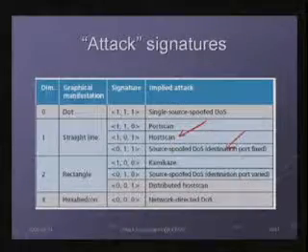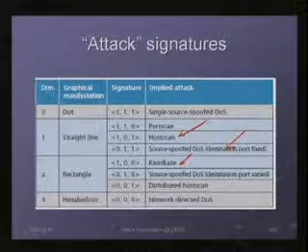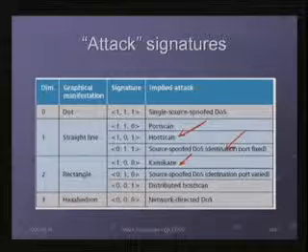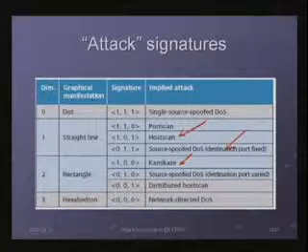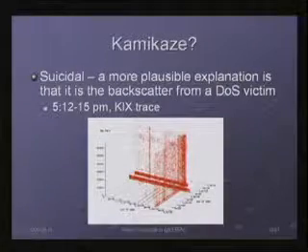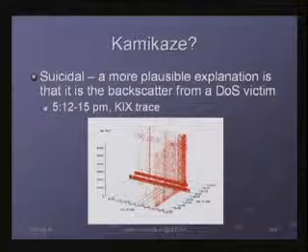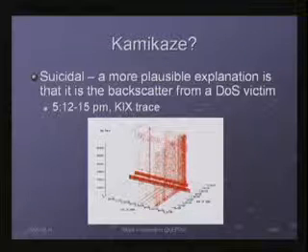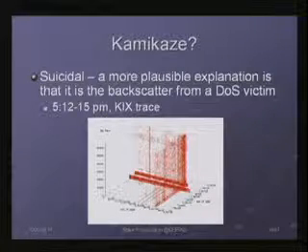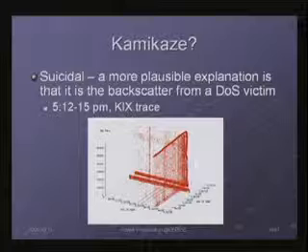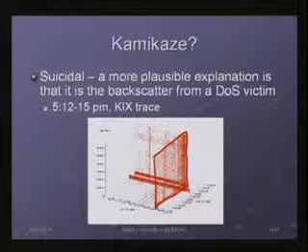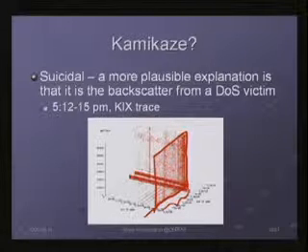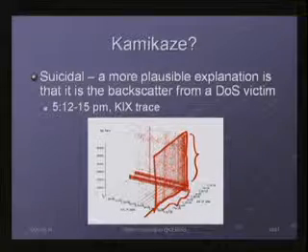One of the attack signatures that is interesting here is what we call Kamikaze. That's 100. We actually see this strange type of attack in our trace. It was too fast for you to see, but at 512 to 515, you can see this rectangle here. It has the same source IP address, but varying destination IPs and varying destination ports. What does this mean?